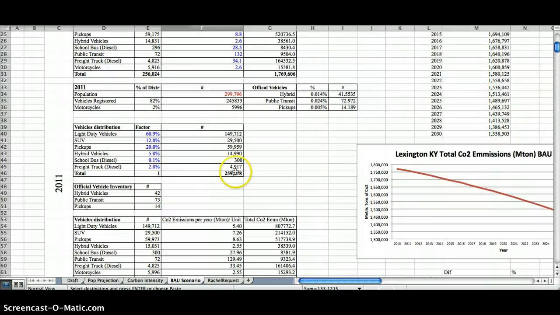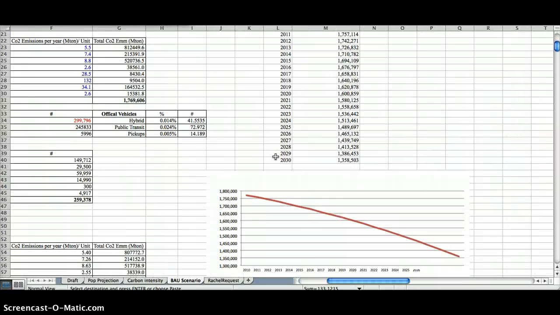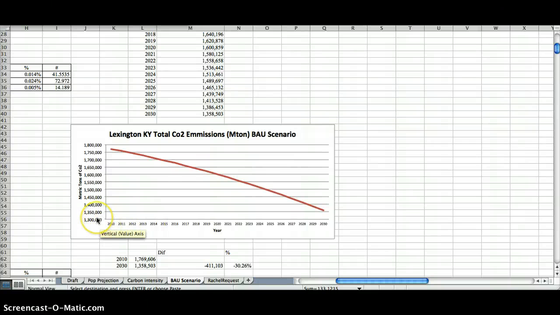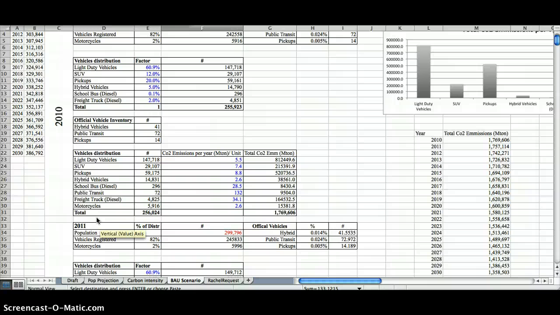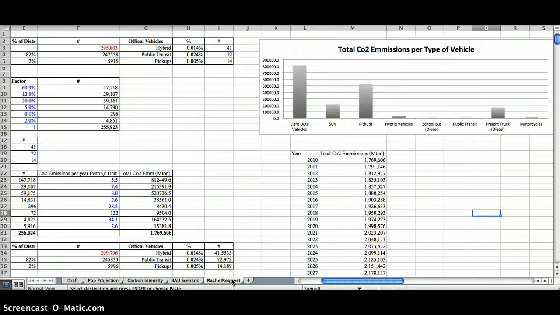So if we don't have any changes on vehicle distribution, just doing nothing, emission is going to drop to this value. And as I read your request, you want to check these values without the assumption of any improvements in technology.